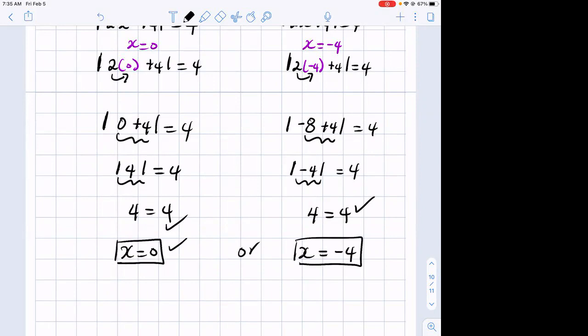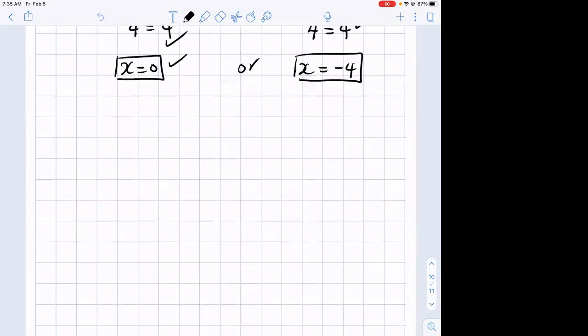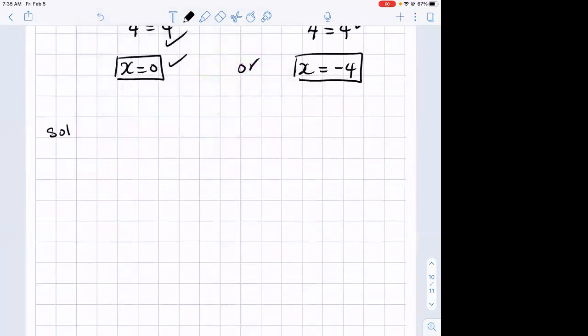Now, so we looked at different examples and we see that we have to check. You must check. Now, if we look at our next example, you will see that we can have equations with absolute value on both sides.